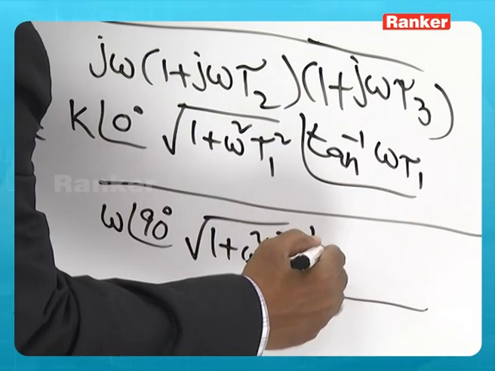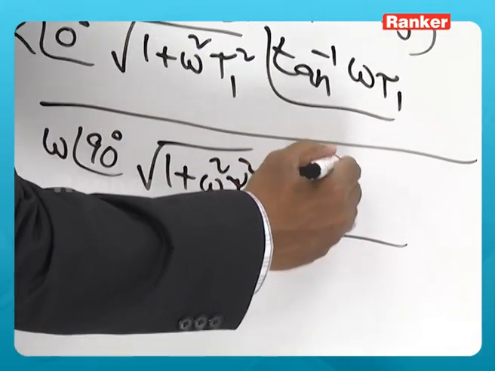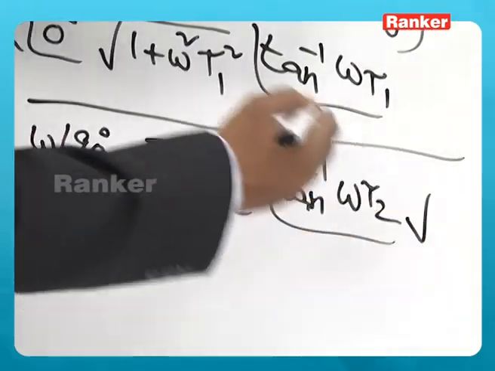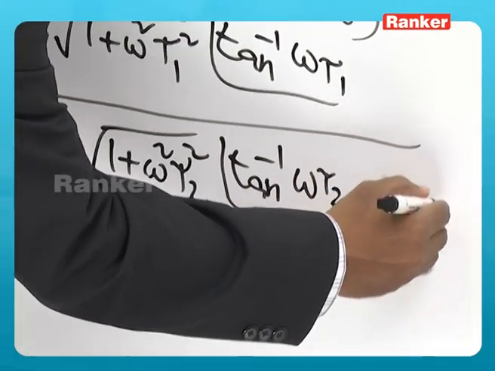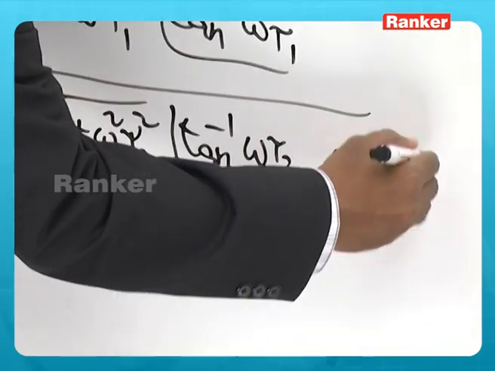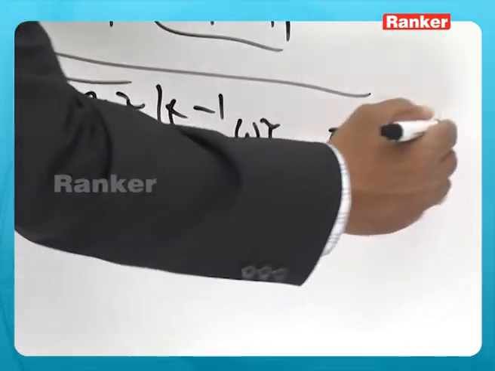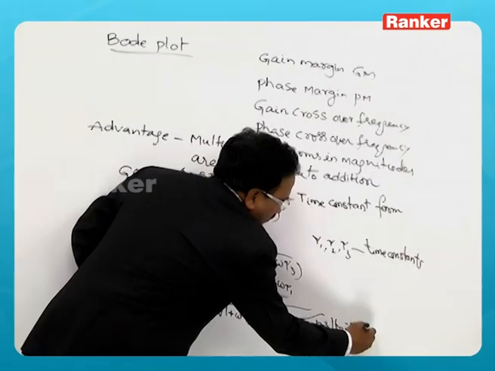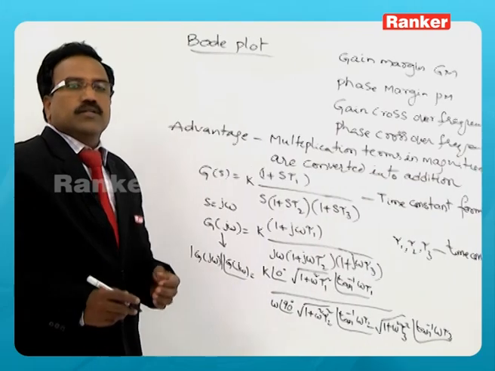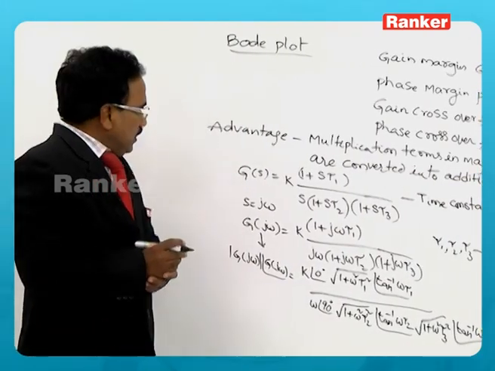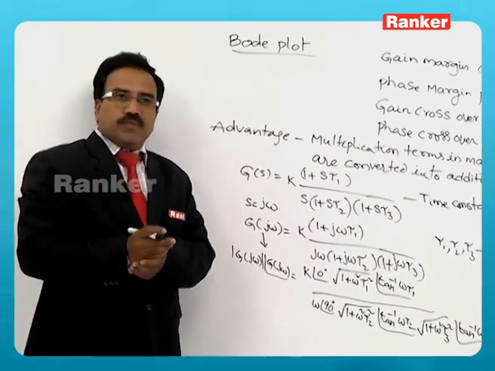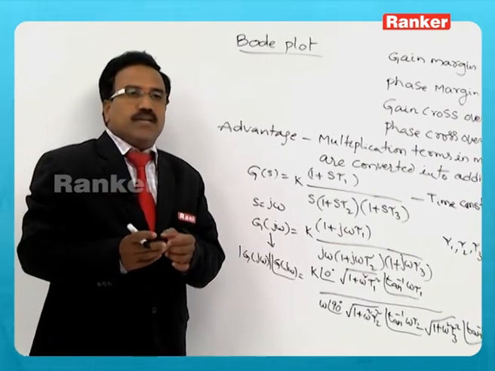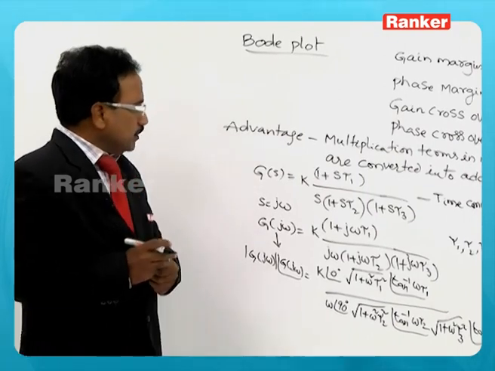The phase angle is tan inverse omega tau 2, and for another pole the magnitude is square root of 1 plus omega square tau 3 square, and its phase angle is tan inverse omega tau 3. So, the given sinusoidal function is written in polar form, where you have magnitude as well as phase angle.